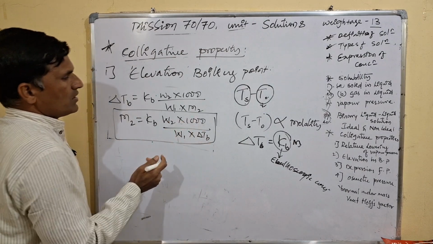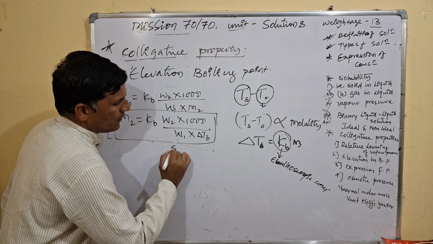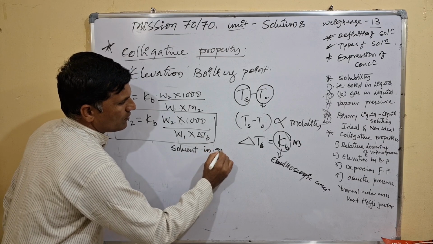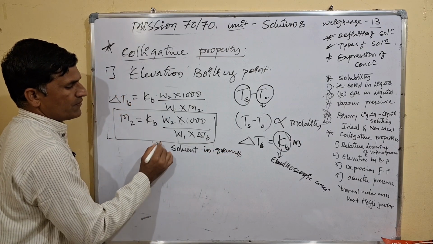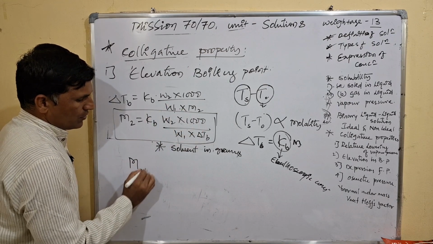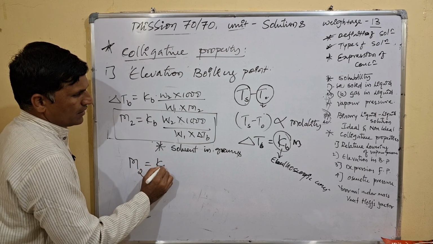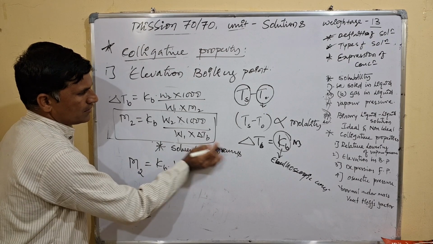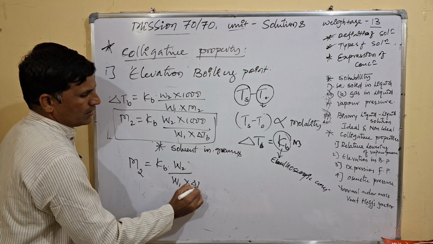Here one thing you should remember: this formula you have to use when the quantity of the given solvent is in grams. Or if it is directly given in terms of kilograms, then Kb into W2, just W2 you keep it, and W1 into delta Tb.